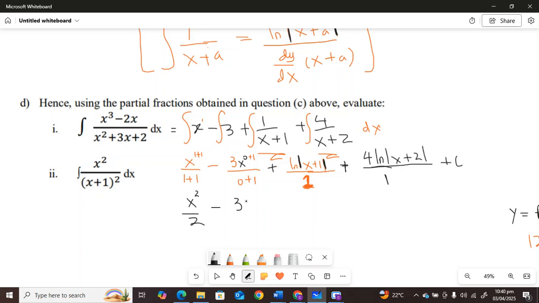So we have 3x over 0 plus 1, that is 1, plus, here since our denominator is 1, you just write natural log x plus 1, plus 4 natural log x plus 2, plus c. And that is your answer.